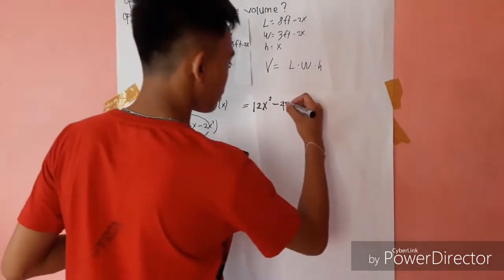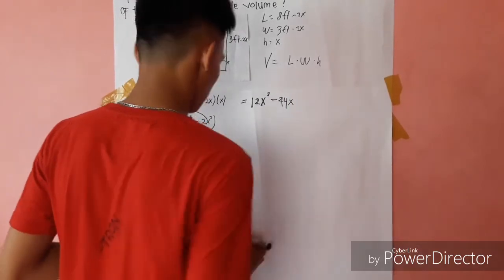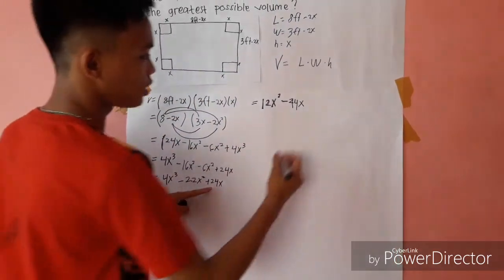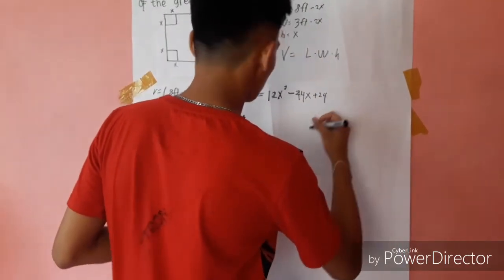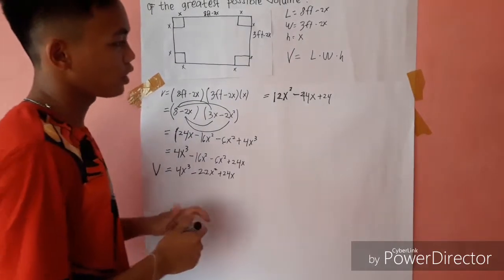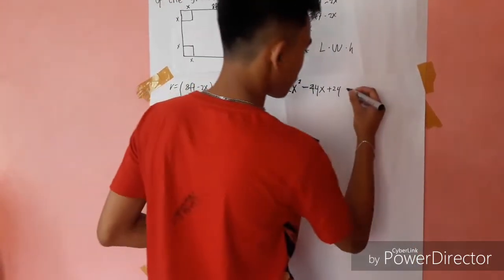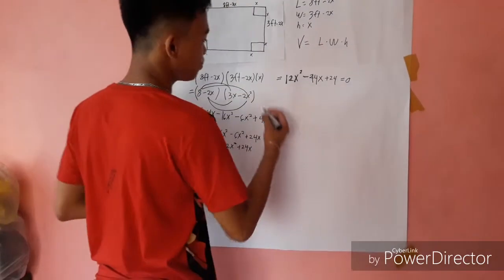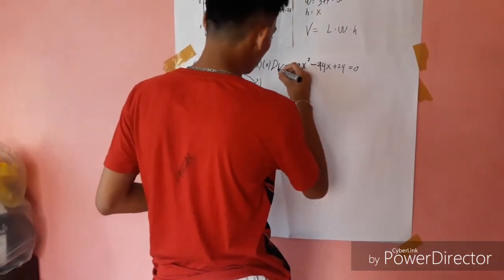Derive this, it becomes negative 44x, and 24x here becomes 24. So we're gonna equate this. Next step, we're gonna equate this to 0. So here, don't forget to write dV here, the derivative of volume.